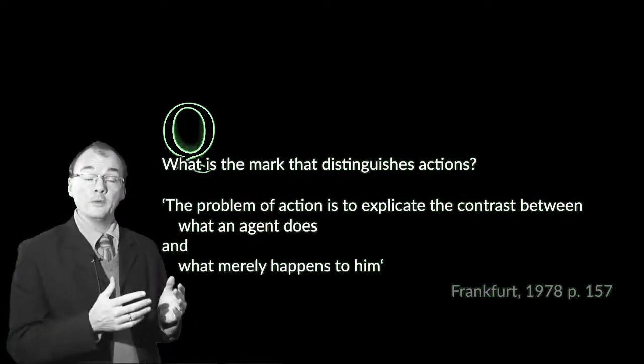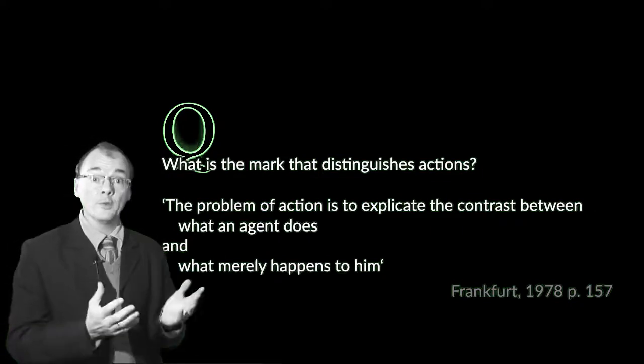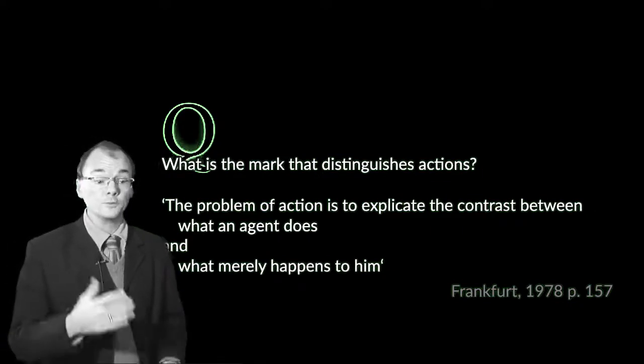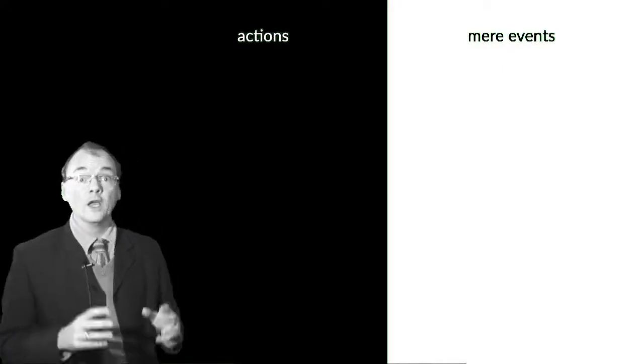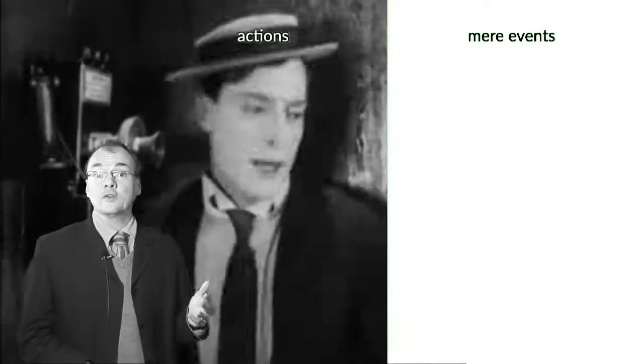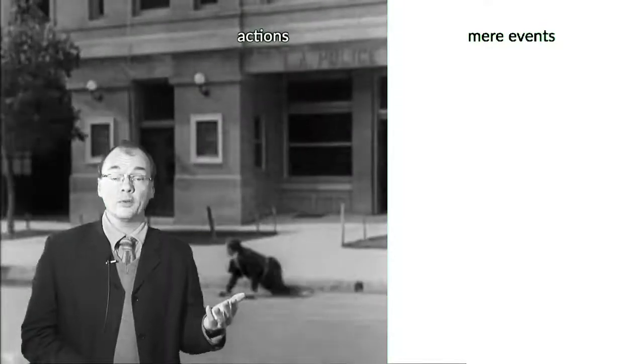So one response might be to try to say, look, there isn't really a problem here. The question is kind of trivial. So for example, when it comes to distinguishing actions from mere events, we might try to say, look, the distinction is just that actions have some particular kind of kinematic or dynamic properties. It's really to do with the forces involved or the pattern of movements.